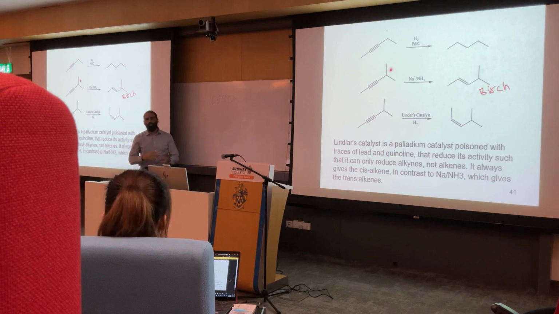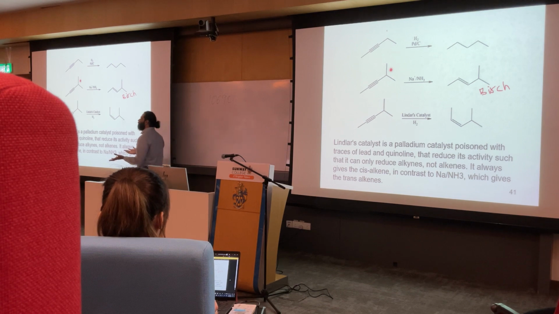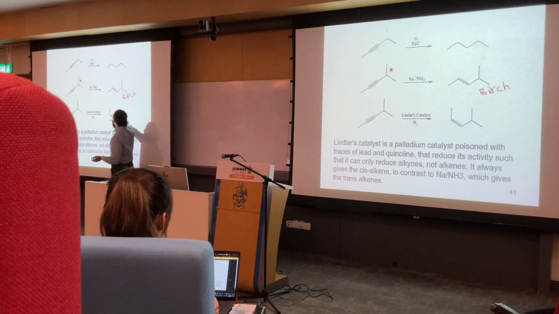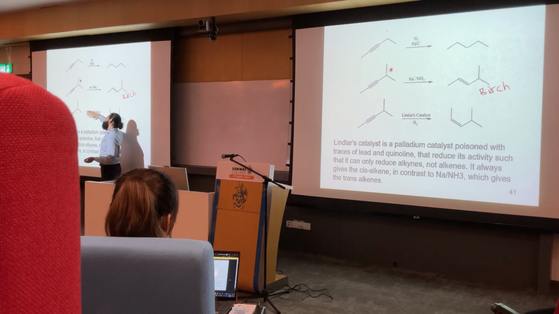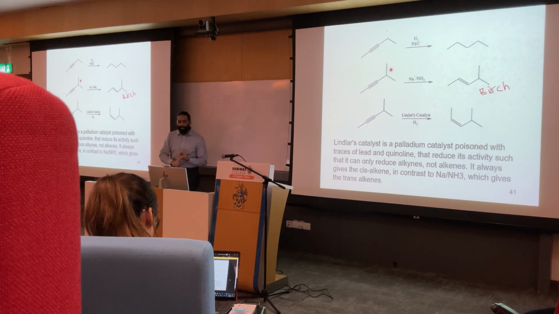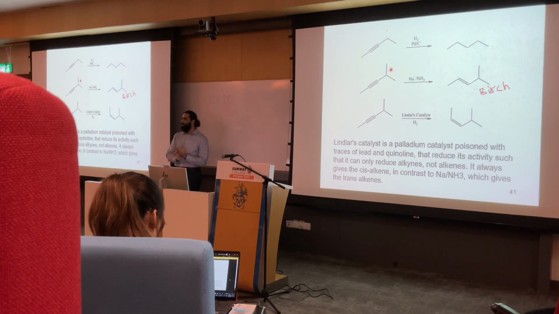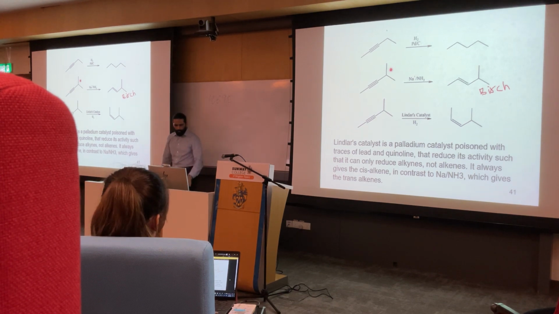See, this is how detailed chemistry can be. Imagine that you are making some molecule for a drug or for anything, and you need cis-alkene and not trans-alkene, then you have to choose your conditions wisely. If you use the one for trans, you get trans, and vice versa. So if you need trans-alkene, we can use Birch reduction, and if we need cis-alkene, we can use Lindlar reduction or Lindlar catalyst. Right?